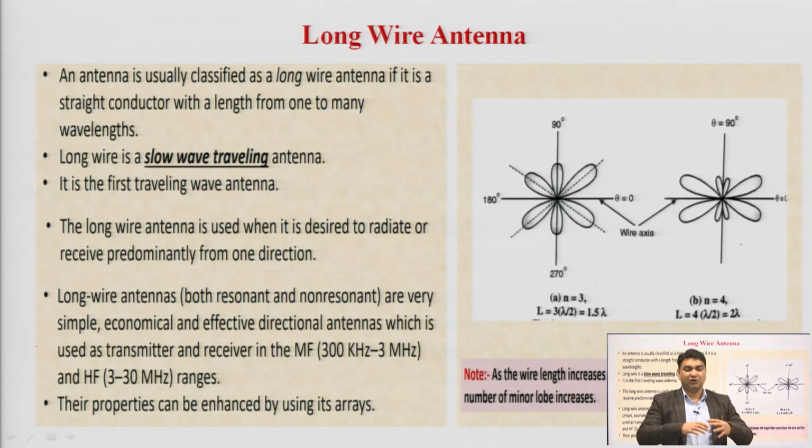When the wires are configured or oriented in different directions, then definitely the radiation pattern lobes are also derived in different directions. So, the resultant radiation pattern is in this form which I have shown in my first slide.